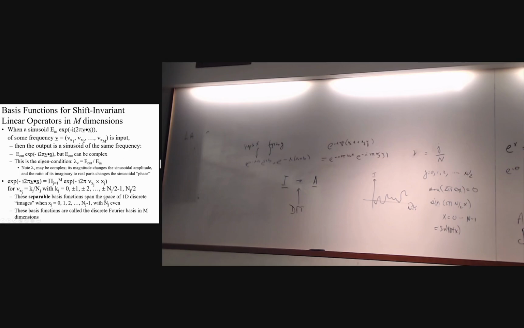So what we've said is that because all these sinusoids are, in some sense, eigen images, if I have an input image with complex coefficients E sub input, then after applying a shift invariant linear operator, we're going to have an E out, because the result image is also expanded, and the ratio between E out and E in will be the eigenvalues.